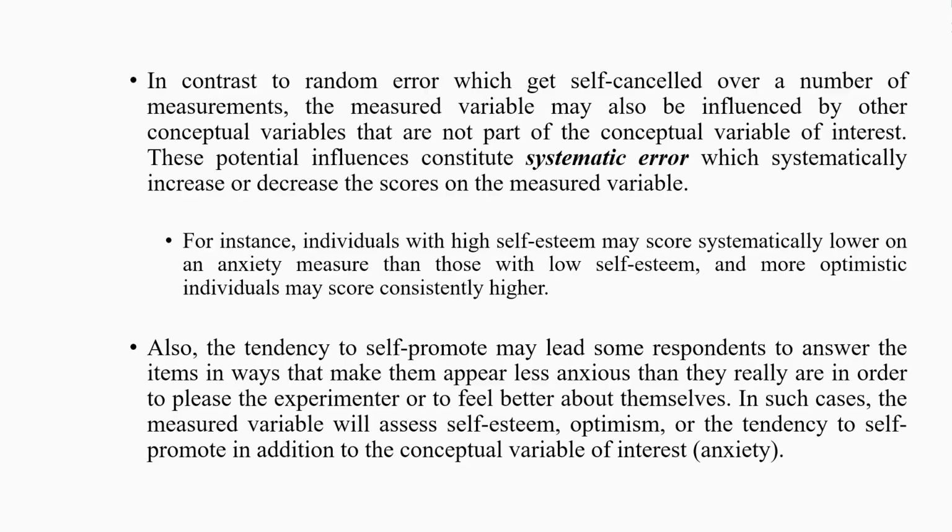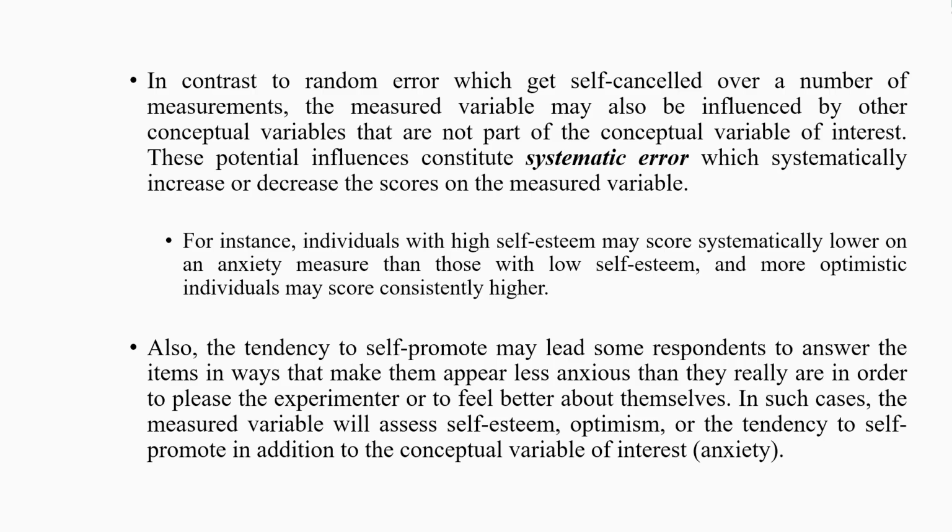So, for example, if you are doing an anxiety test and the person does not want to be portrayed as a highly anxious individual, they will respond to the items in the questionnaire in a way such that they do not appear anxious. A lot of times respondents will answer your survey in a way that makes them appear less anxious than they actually are.